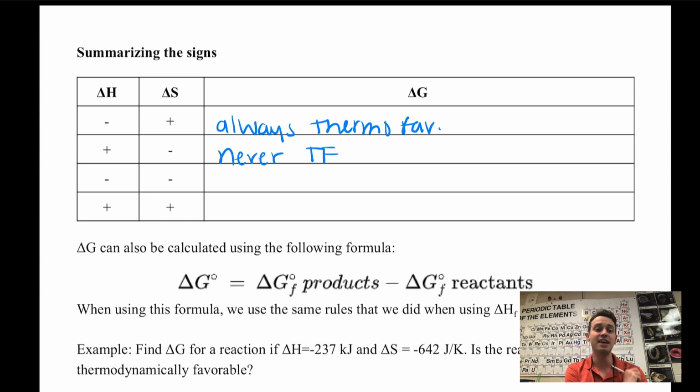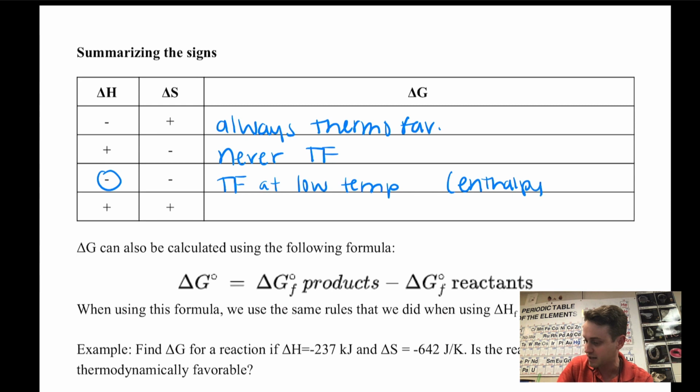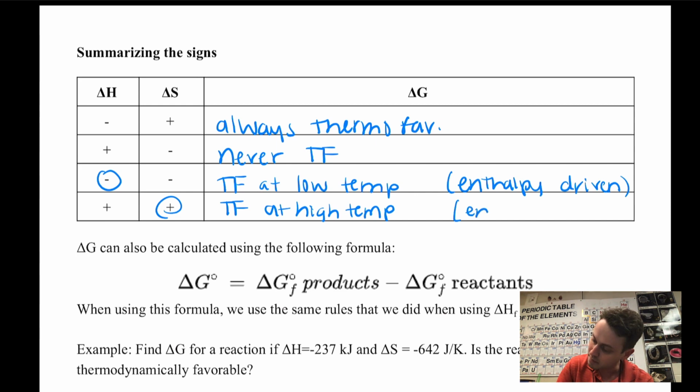When I have a negative and negative, this is thermodynamically favorable at low temperatures, and I would also say that the thing that makes this favorable is the enthalpy, so this is enthalpy driven. And then these would be thermodynamically favorable at high temperatures, and it would be entropy driven. So entropy makes the reaction happen, or enthalpy makes it favorable overall.